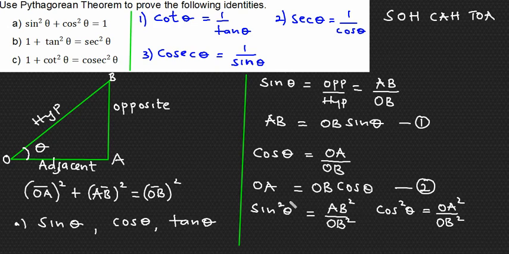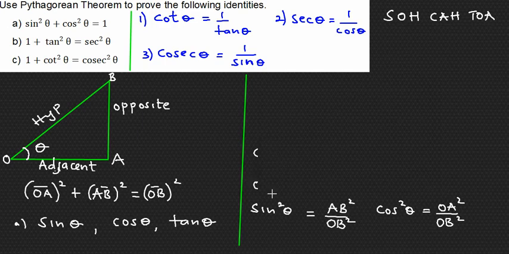So let us add these two. When I add sine squared plus cos squared, I get AB squared over OB squared plus OA squared over OB squared.